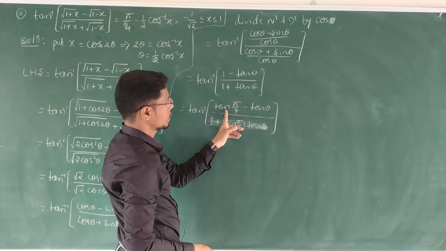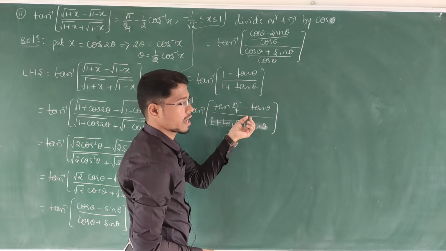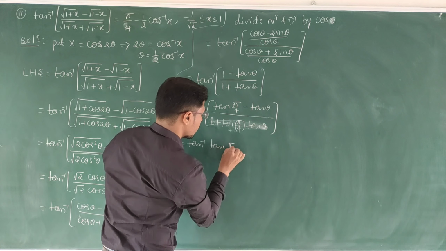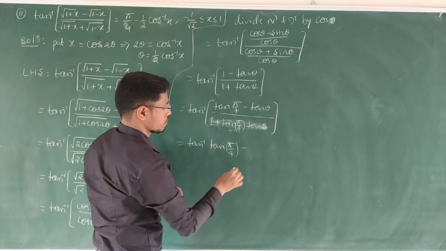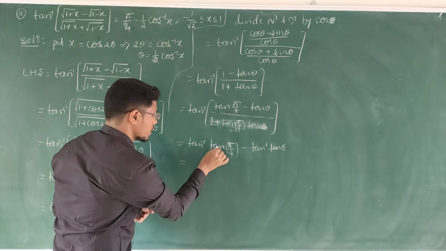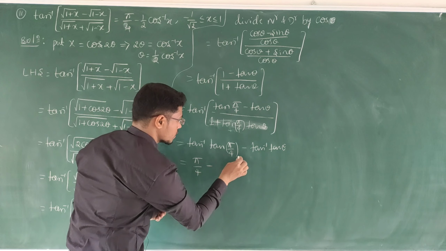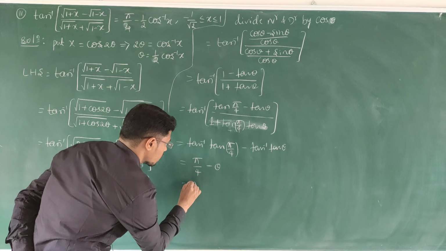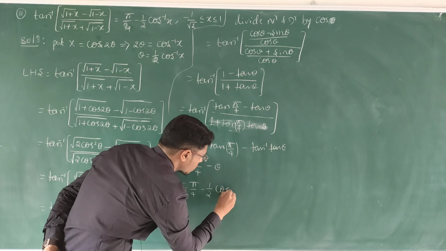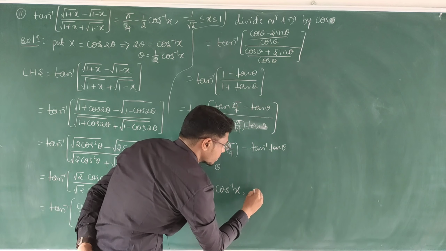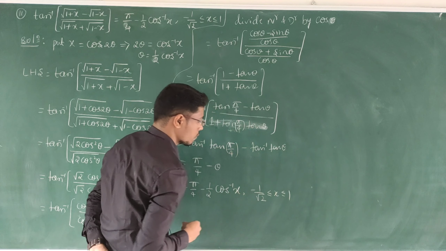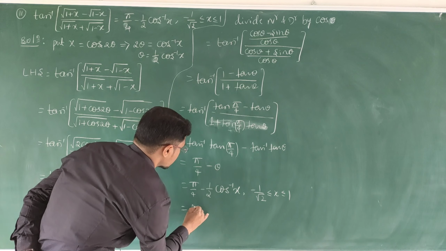Tan x minus tan y divided by 1 plus tan x tan y is the tan x minus y formula, so tan inverse of tan pi by 4 minus tan theta, the tan inverse and tan get cancelled, remaining pi by 4 minus theta, which is pi by 4 minus 1 by 2 cos inverse of x, where x is greater than minus 1 by root 2 and less than or equal to 1. So this is the required result, RHS.